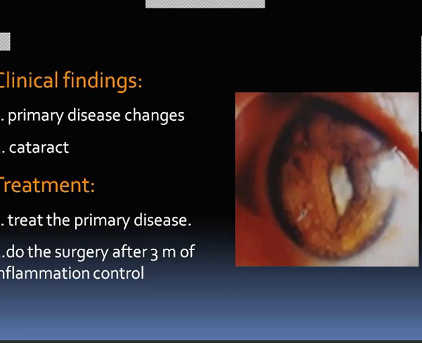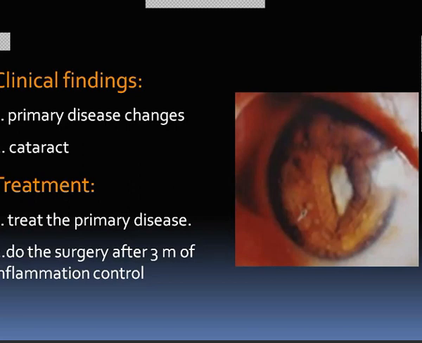What are the clinical findings? This is due to the disease itself, and also due to the primary disease changes like diabetes and all those things, and trauma, and also the cataract.